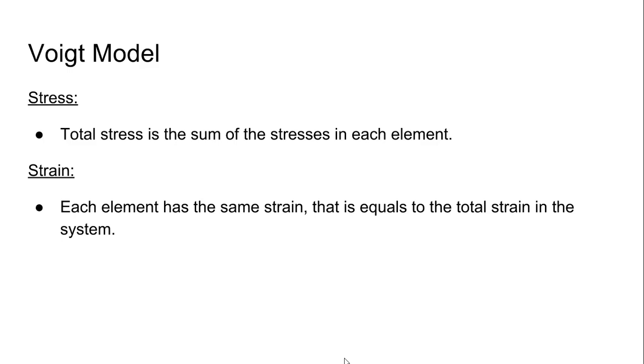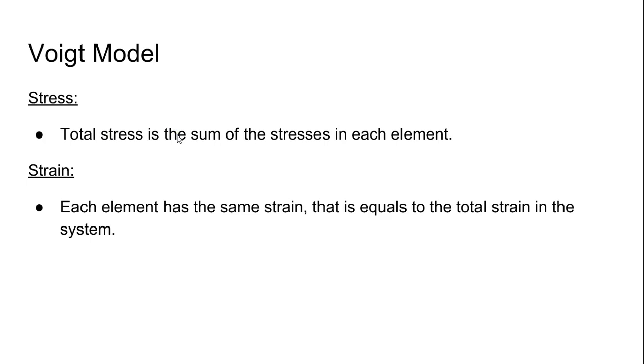So the thing in the Voigt model is you flip these properties around. In the Maxwell model, each element had the same stress. But in this case, the total stress is not the same in each element. Actually, the total stress is the sum of the stress in each element.